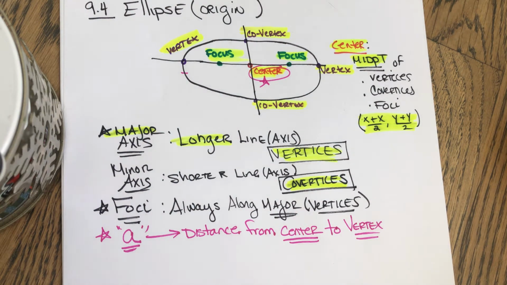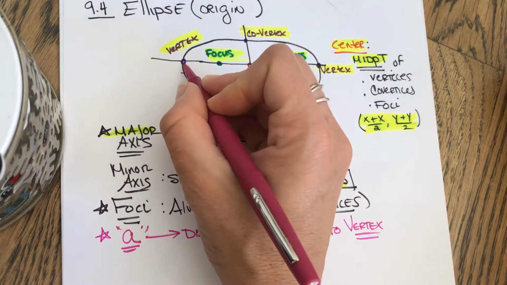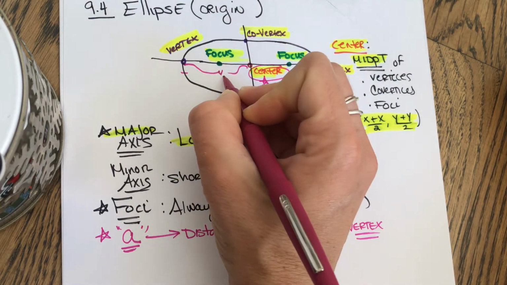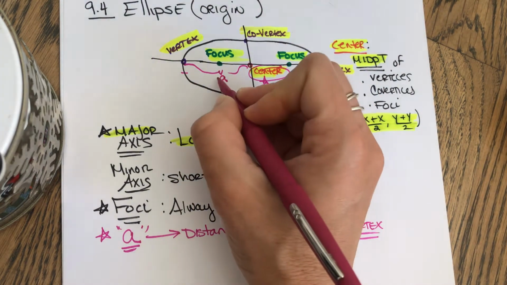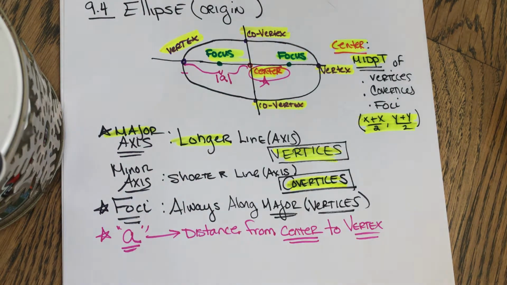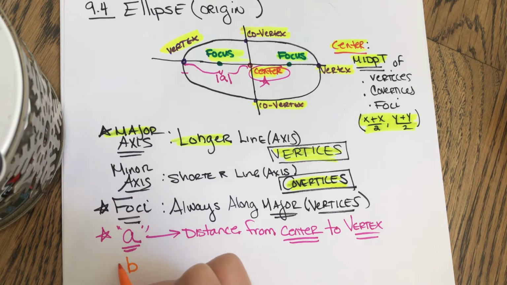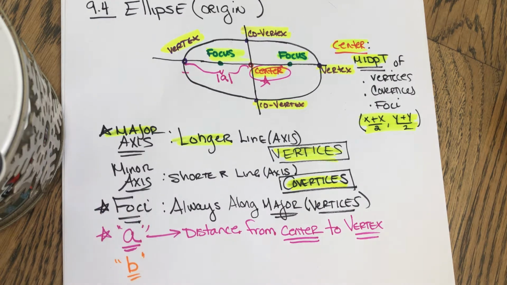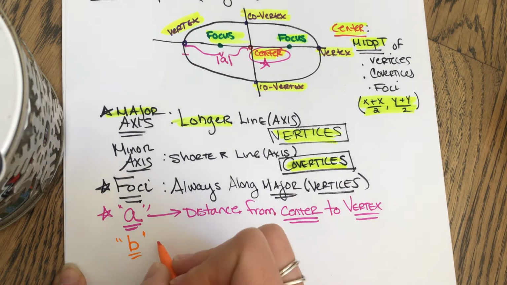I'm going to put it in the picture. So from here to here, the distance is A, and we all know it's, again, the absolute value. Let's do another color. Apparently I don't have as many colors as I thought. So now the B value. Well, obviously after your vertex, we need our co-vertex.